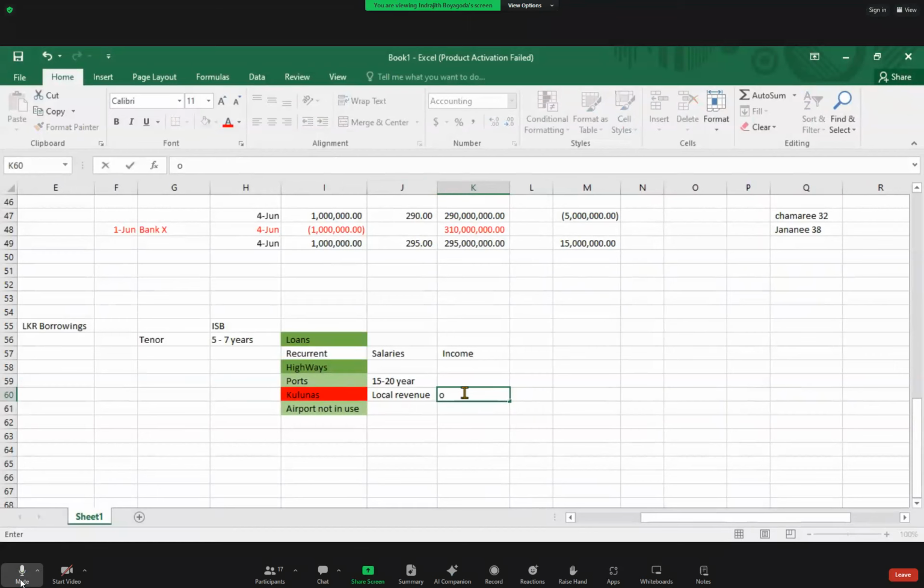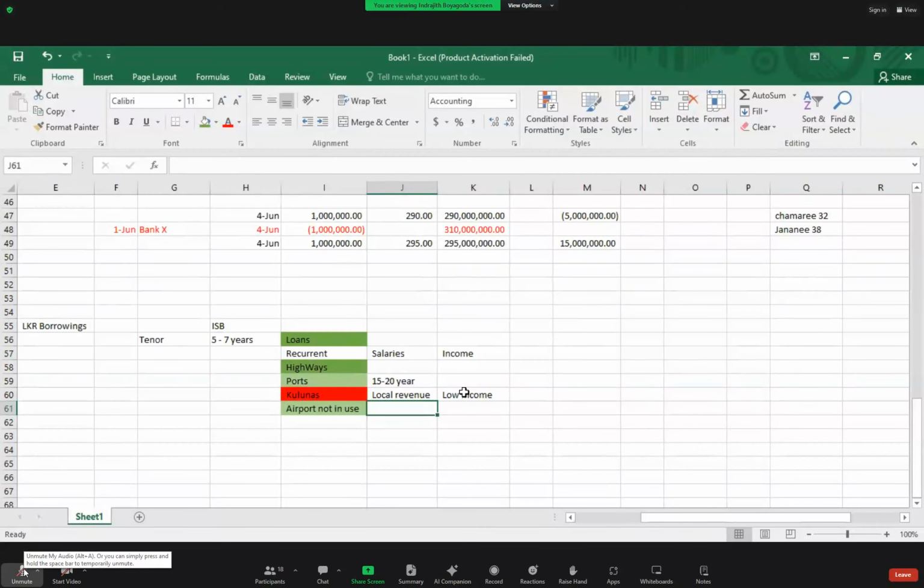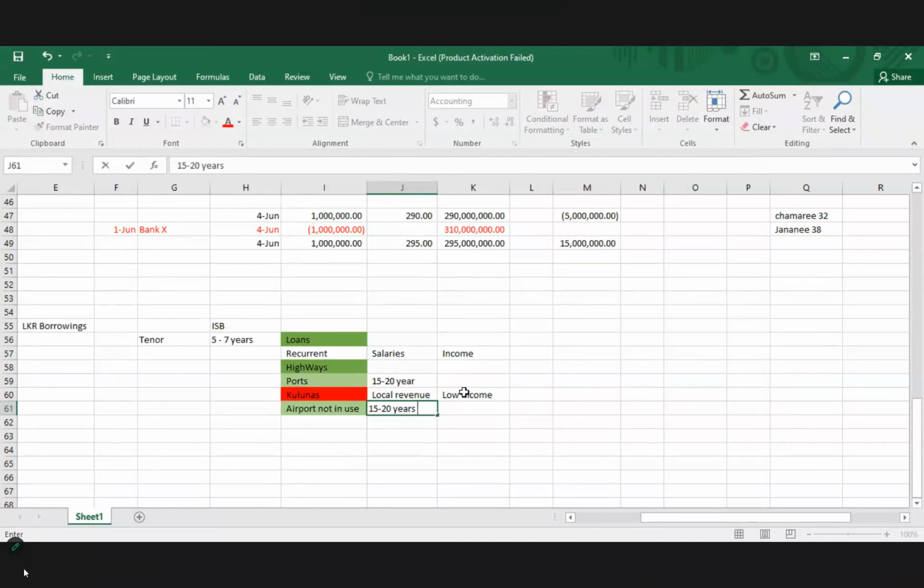Low revenue, low income. Airport. Same problem like ports, right? Local expenditure.